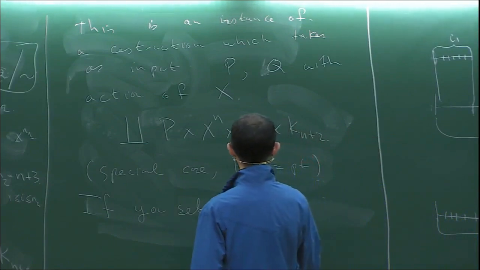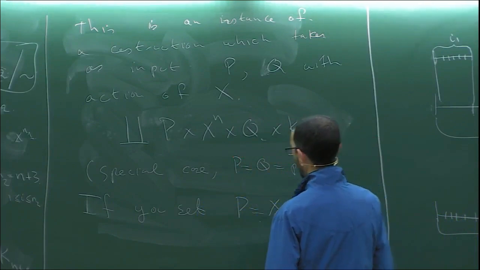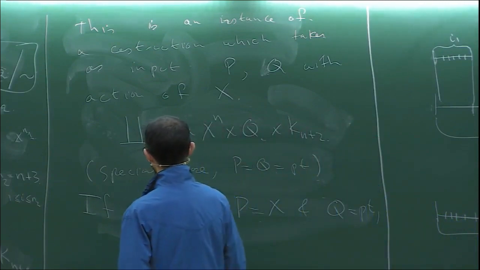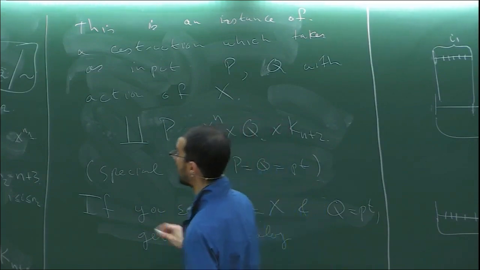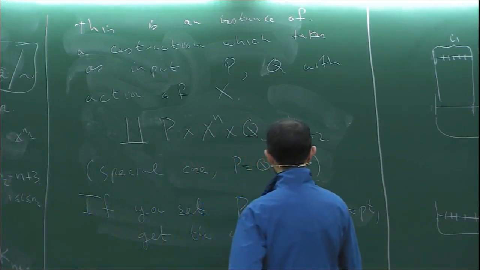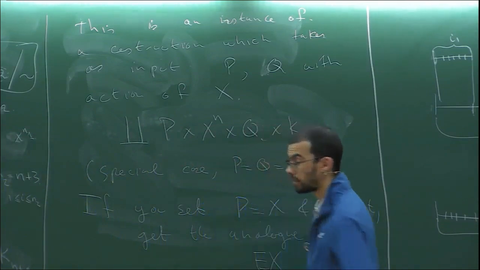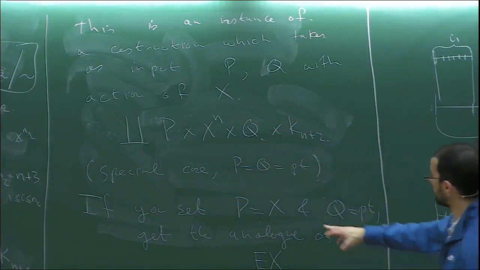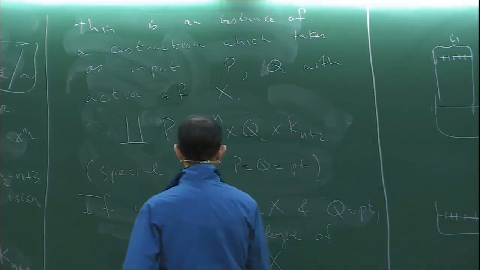If you set P equals X and Q equals a point, you get the analog of... So this quotient is roughly speaking BX. But if you do this, you get the analog of EX, because there's basically this extra X factor, and if you project off this X factor, this is contractible.